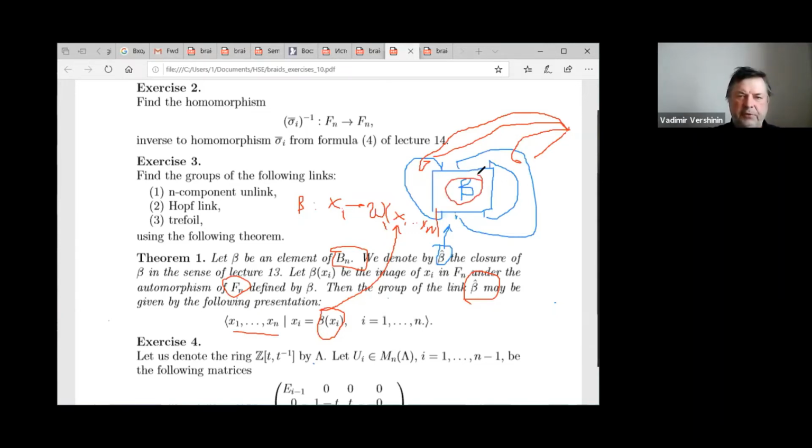This is the geometrical braid. This is the link defined by this geometrical braid. This is the fundamental group of the complement of this geometrical link. And this is a group given by this presentation, by generators and relations. So several things are taken together, and this gives you the theorem. Other questions?